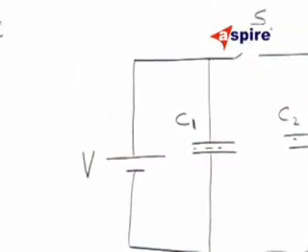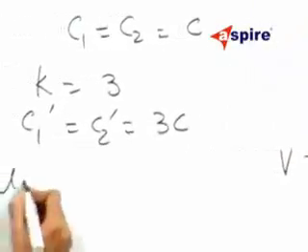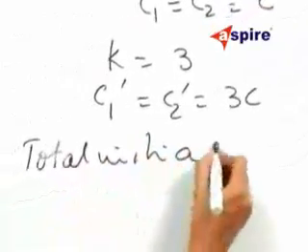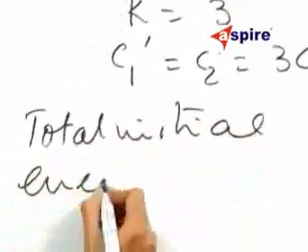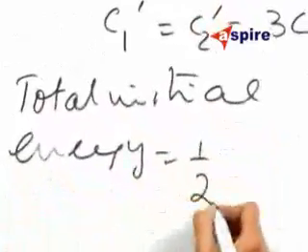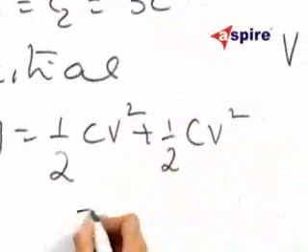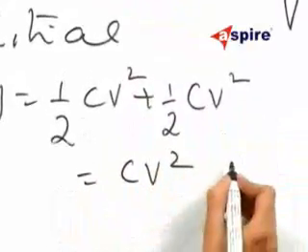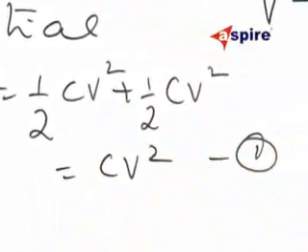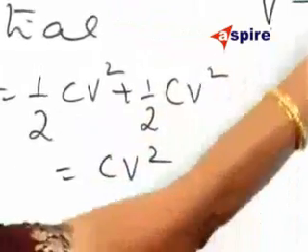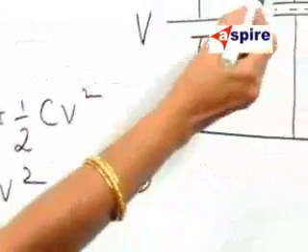Okay, so let us calculate the total initial energy first. It is half CV square plus half CV square, equal to CV square. This is the total energy. Now, after the switch is open, what is C1 dash?